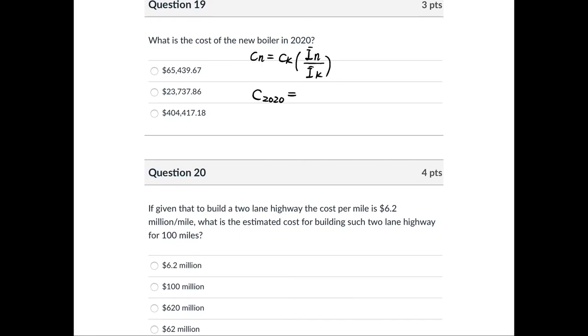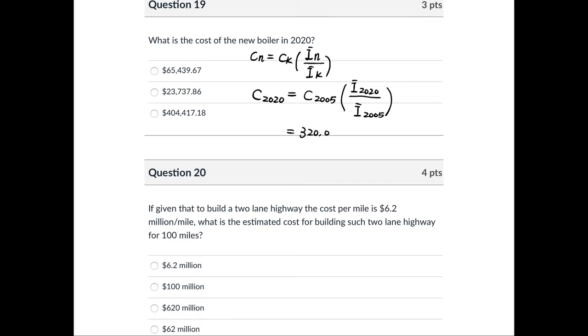You need to estimate it. And K is the year when you know the price. Okay, so Ck is C 2005. So the index above the bar is the index of that unknown year, so it's 2020. And then the index beneath the bar is the year you know the price.